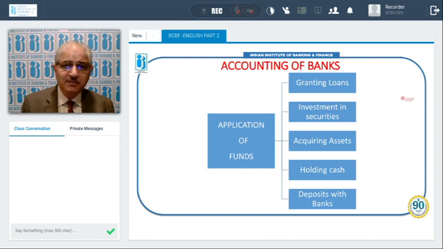People are coming to withdraw their cash on a daily basis, so you need some cash also. You might be placing deposits with banks if surplus funds are available to you for investment for some time. So you can have deposits with other banks also.